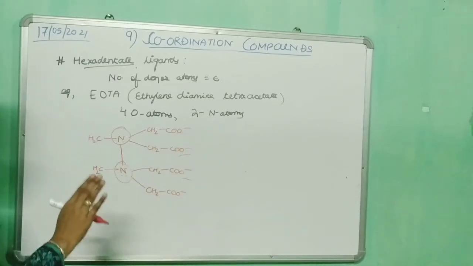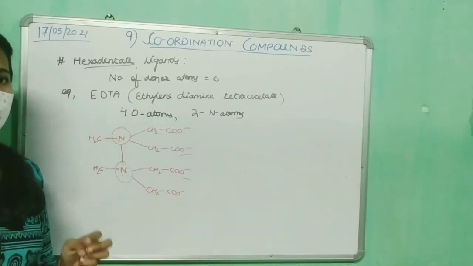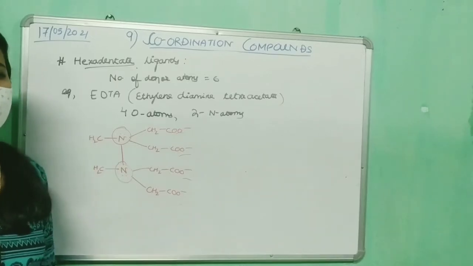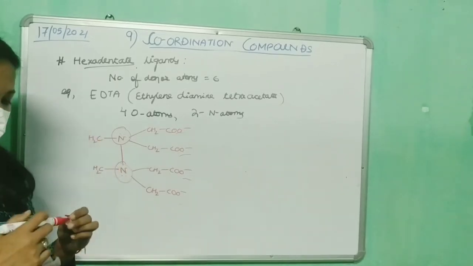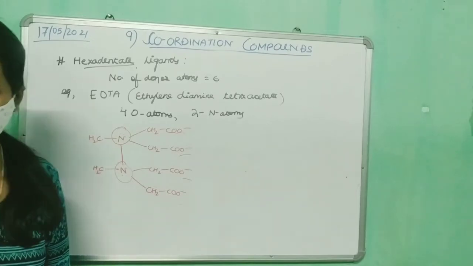That's why I have discussed this hexadentate ligand, because it is one of the very important examples when we discuss coordination compounds. It's a very important ligand, right? EDTA. So now the next topic that we are going to discuss is your ambidentate ligand.